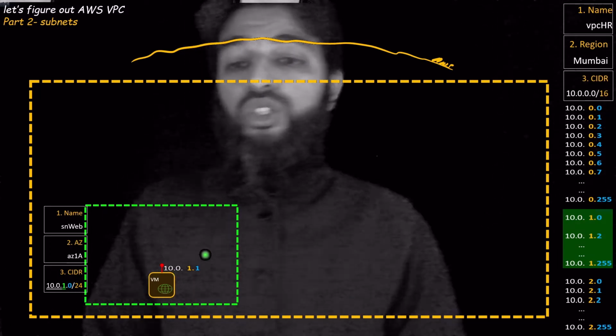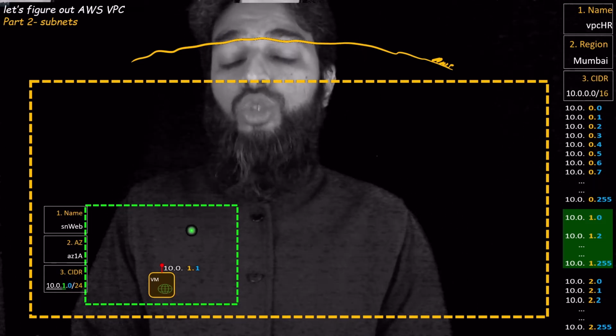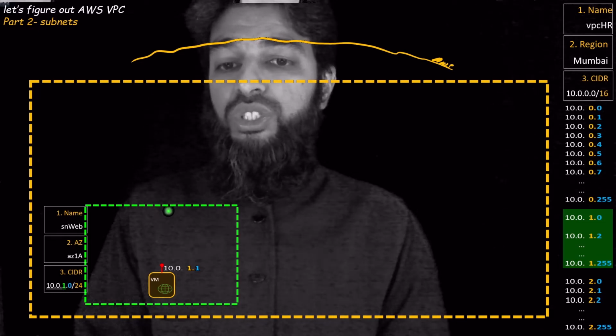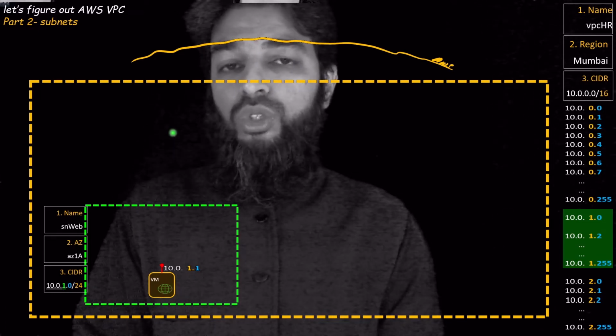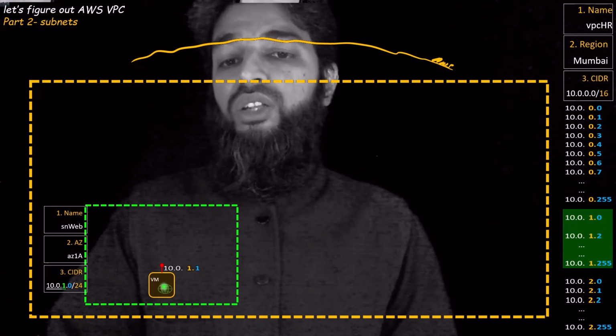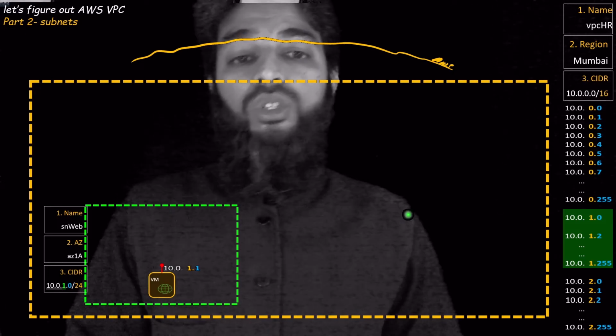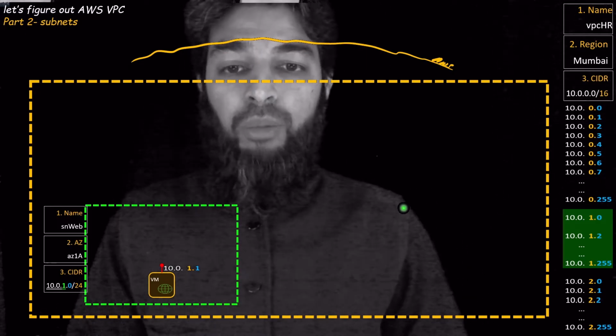Alright, now once you have created this subnet, then later you will set rules so as to give internet connection to this subnet, so that HTTP traffic can be sent to your web server and the responses can be given back to the user.